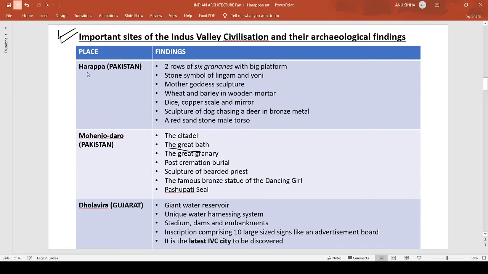So let's start with Harappan, that is in present day Pakistan.